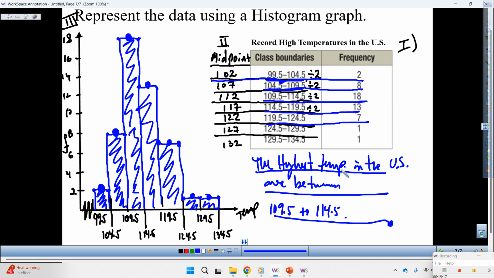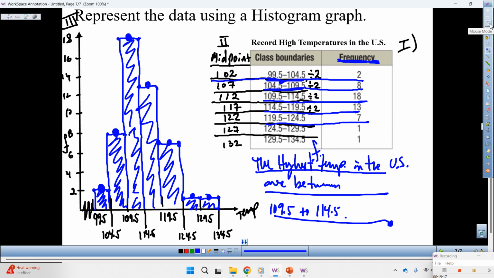The highest temperature in the U.S. are between 104.5. Aren't we missing something? The highest temperature, yes, it is the highest, but the what? The highest what? The highest frequency. I'll put an F right here in between. Highest frequency temperature in the U.S. Pretty straightforward, yeah? All right. Let's move on.